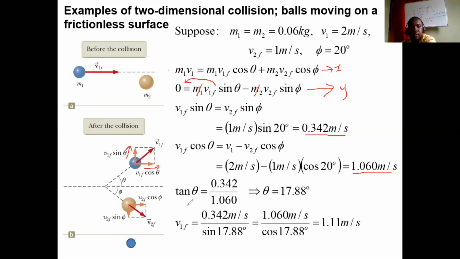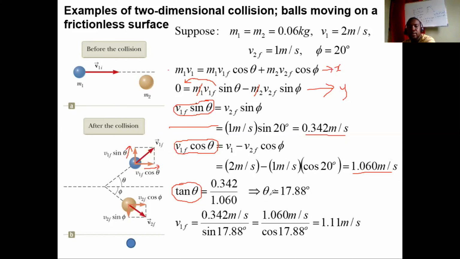And then now, because we have this and we have this, we can divide both, so v1f sine theta over v1f cos theta, the v's get canceled, and sine theta over cos theta gives us tan theta, right? And that's equal to 0.34 over 1.060.